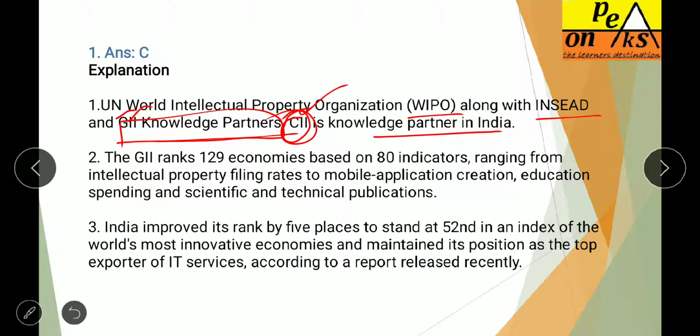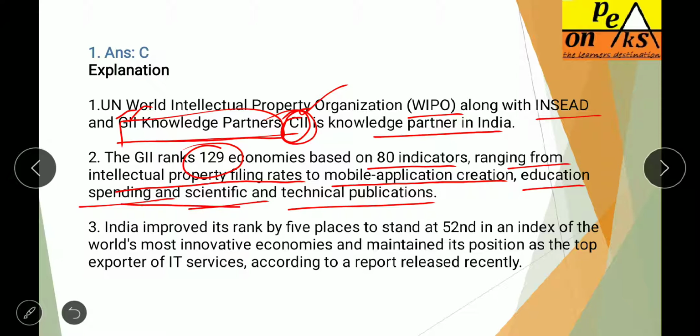The GII ranks 129 economies based on 80 indicators, ranging from intellectual property filing rate to mobile application creation, education spending, and scientific and technical publications.